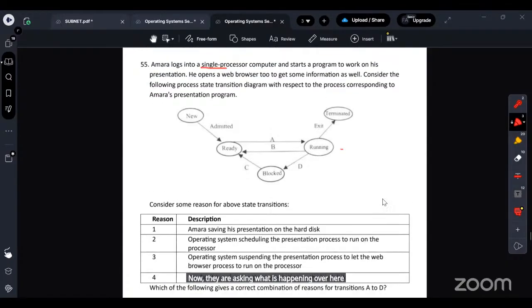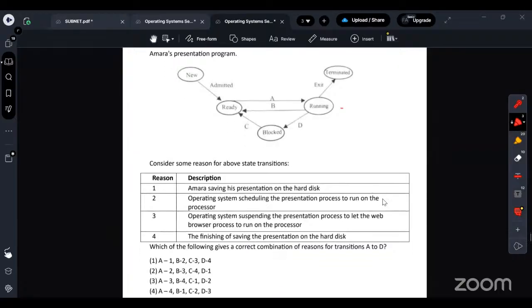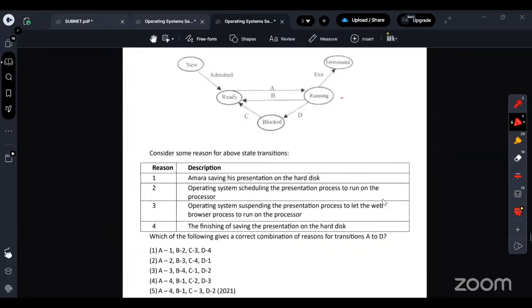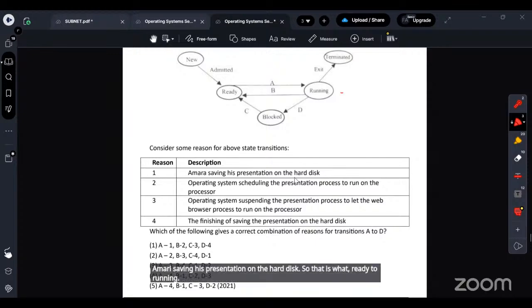The state. So A, what is happening in A? Ready to running. Amara is saving his presentation on the hard disk. So that is what? Ready to running.